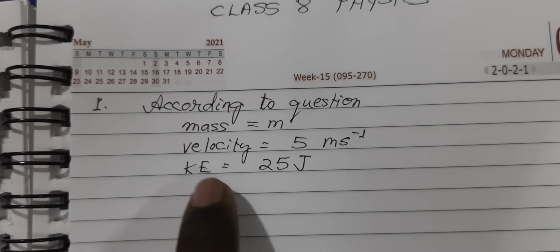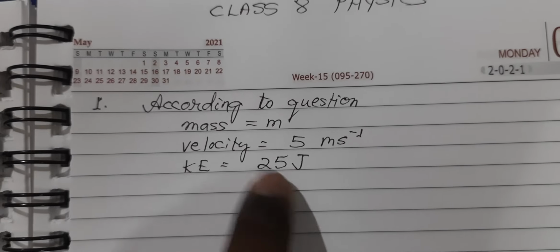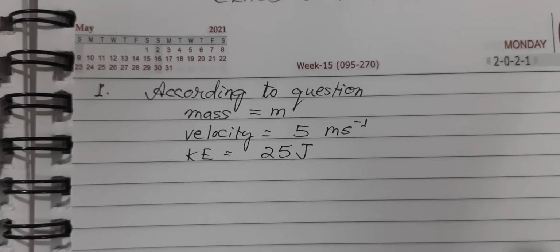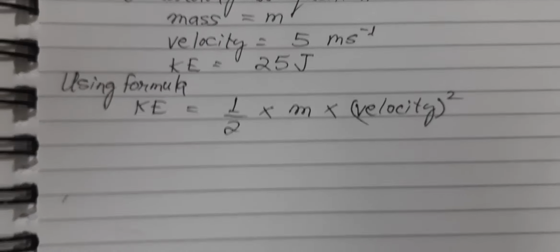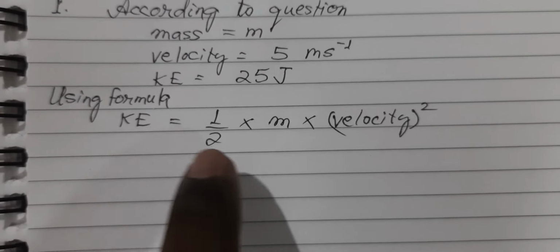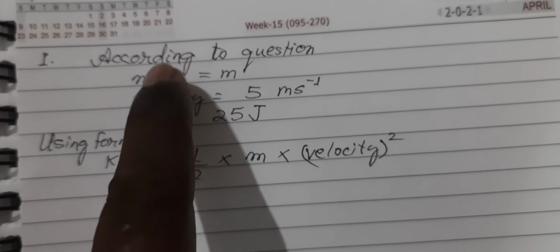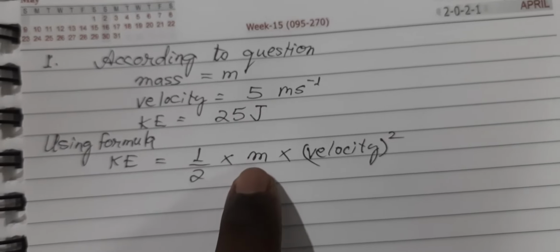So since the kinetic energy value is given, we will use the formula of kinetic energy. Kinetic energy, what is the formula? This is the formula. Kinetic energy equals half into mass into square of velocity. But mass is m, so I have written m instead of mass.